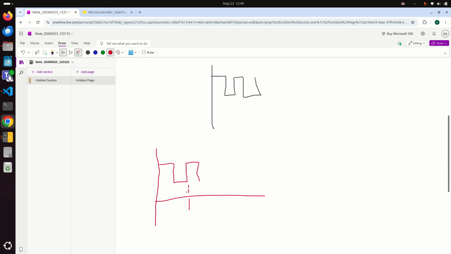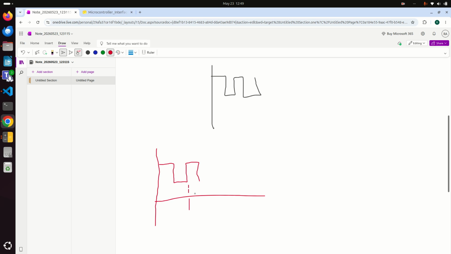It will not be on continuously. It starts toggling, because here you can see 50% on period and 50% off period. Here the scale is 1 second, so that's why it is toggling.